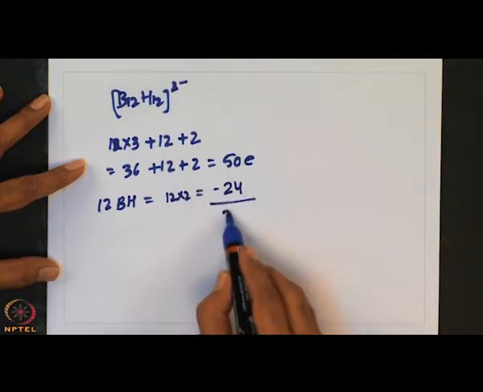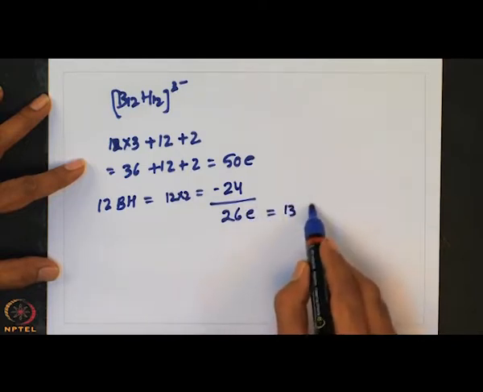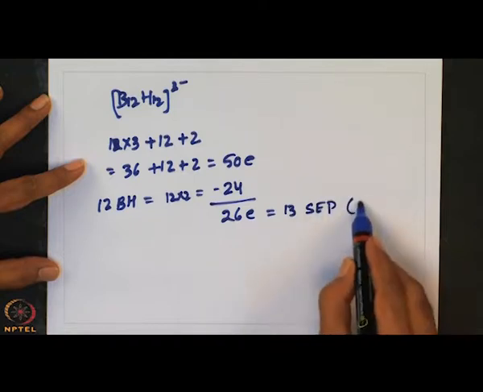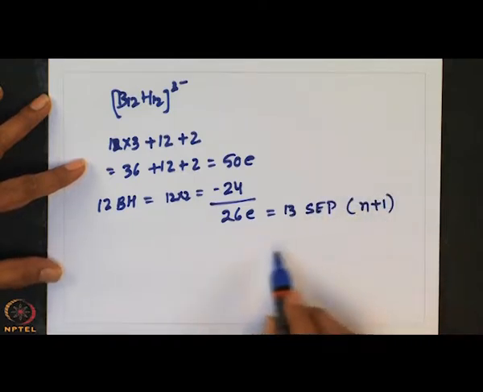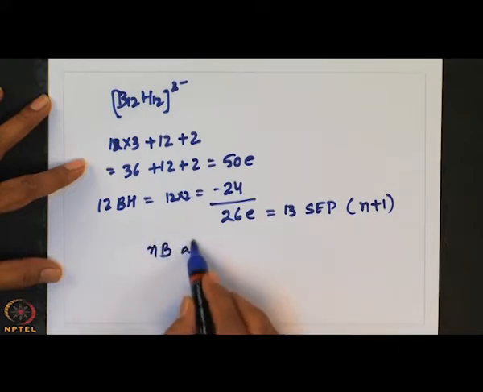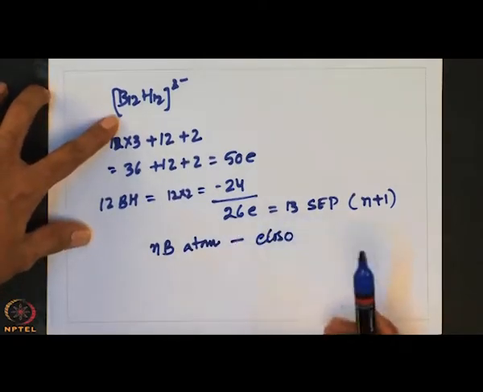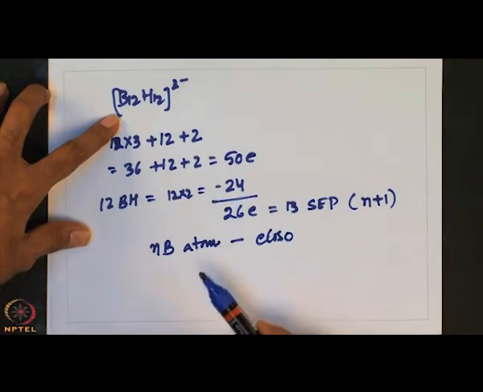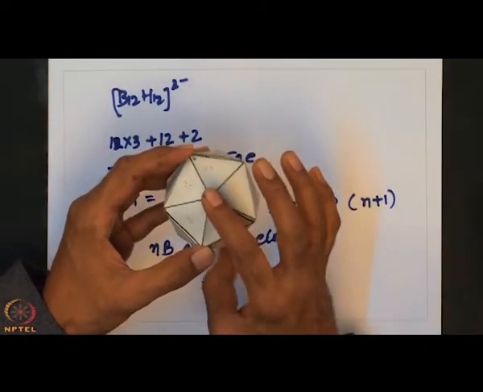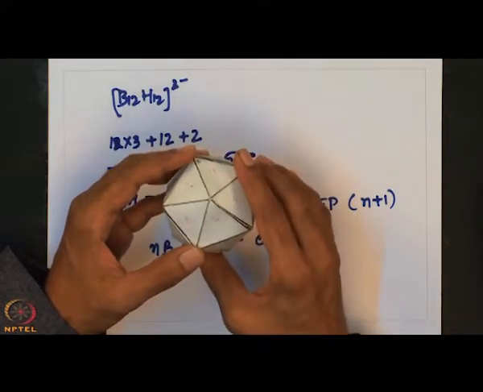Then we have 26 electrons, which will be 13 skeletal electron pairs. This is n plus 1. In order to have a closo structure, we should have n boron atoms, and 12 boron atoms are there. So, that means the structure is icosahedron, and at each vertex a boron atom sits, and each boron makes a BH bond. So, this is how we can explain.